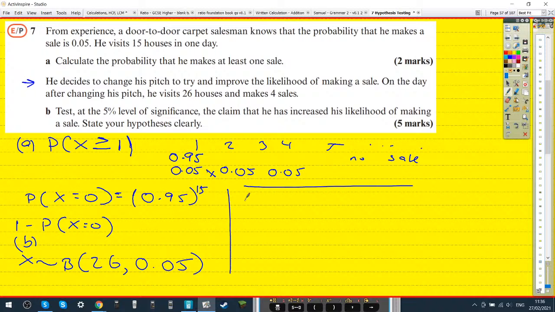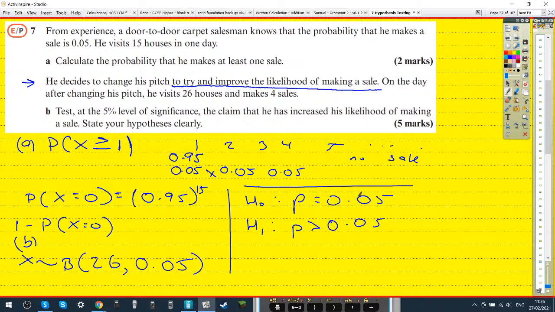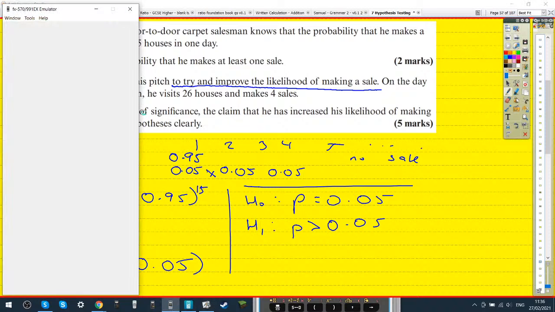The alternative hypothesis would be p is less than 0.05. He's trying to improve the likelihood of making a sale, so it should be greater. So this was 26 houses.